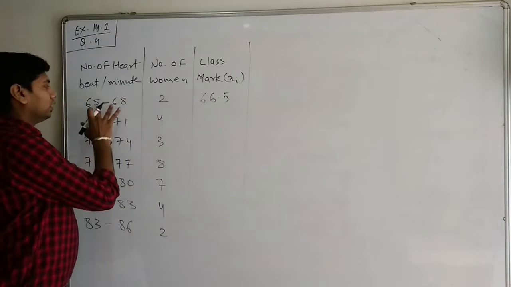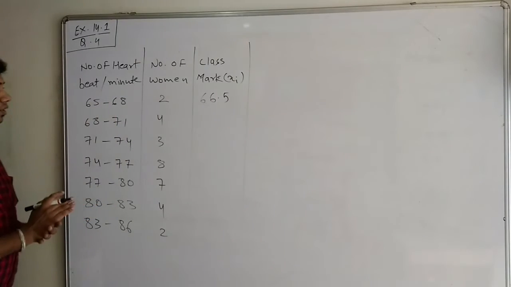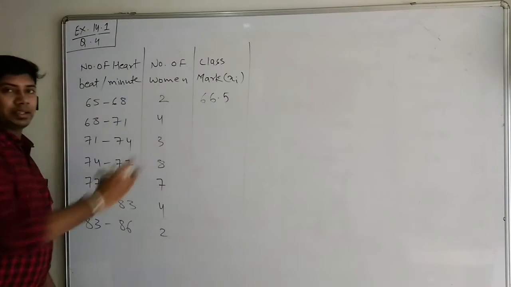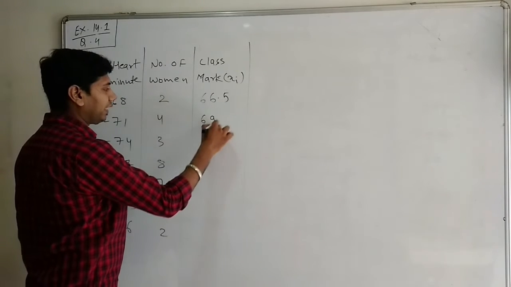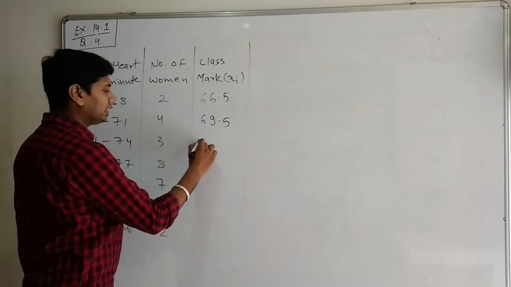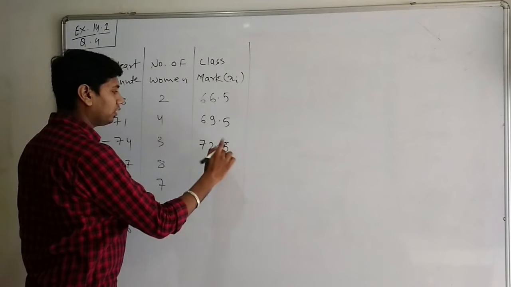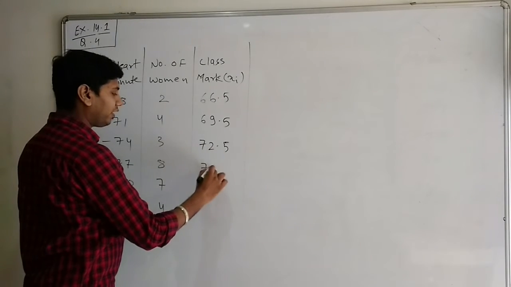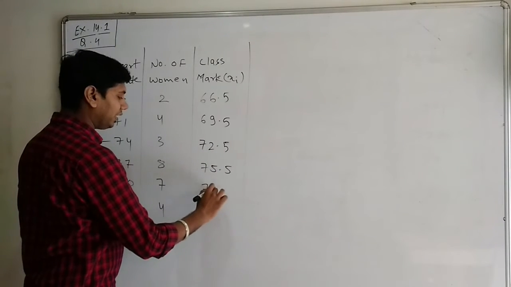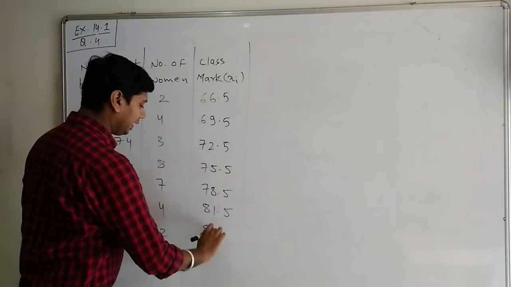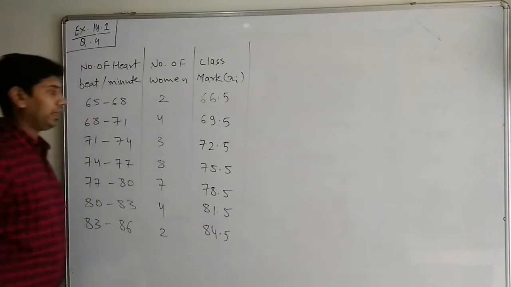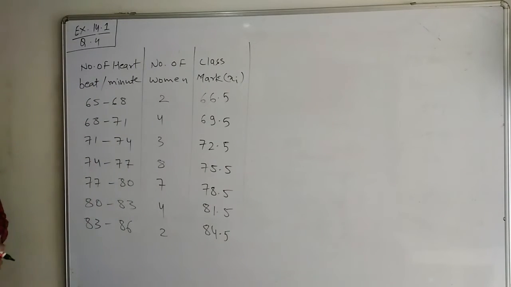And now the class size is 3. So we add 3 to the following number. So 66.5 plus 3 is 69.5, plus 3 is 72.5, plus 3 is 75.5, plus 3 is 78.5, 81.5 and 84.5. So these are the class marks.